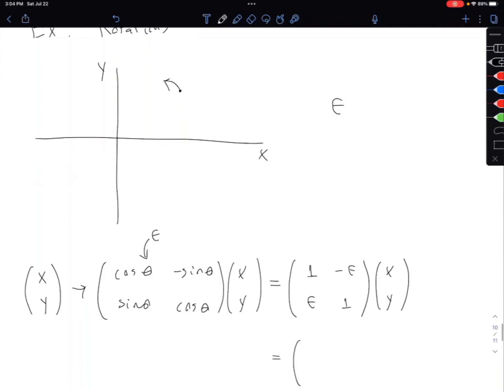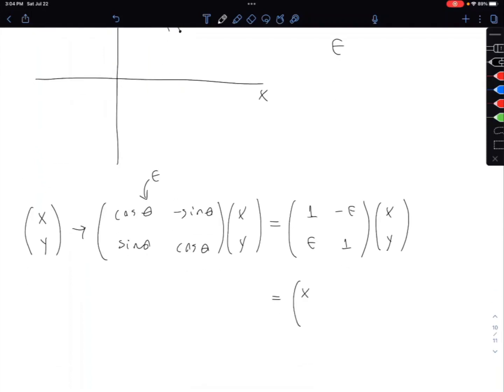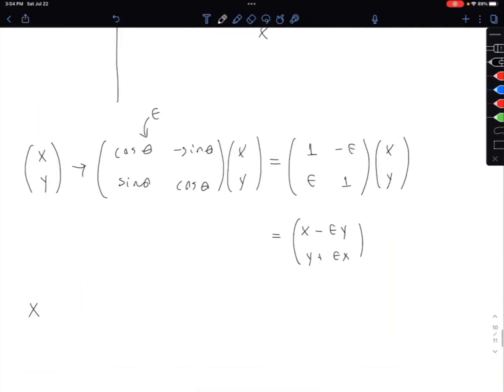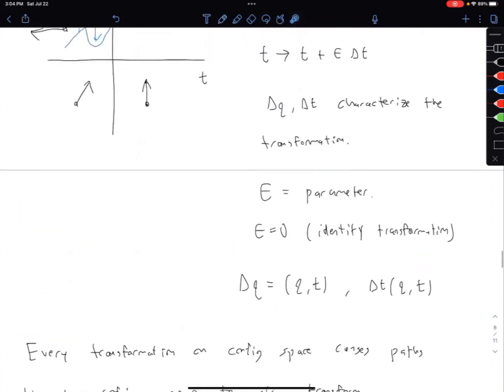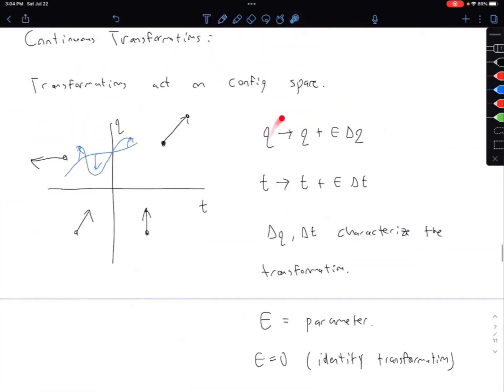But then this is going to be x minus epsilon y, and this will be y plus epsilon x, which means that the transformation is x goes to x minus epsilon y, y goes to y plus epsilon x. And that means, remember what we said before, that these transformations look like this.